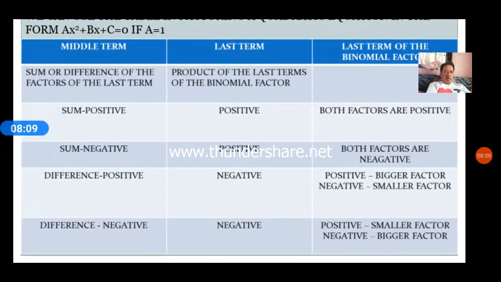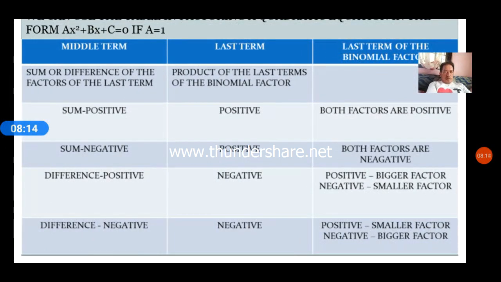And how about if the last term is negative? It indicates that the middle term is a result of subtraction, that is, the difference of the factors of the last term of the binomials. If the middle term is positive, then the bigger factor will also be positive and the smaller factor will be negative.